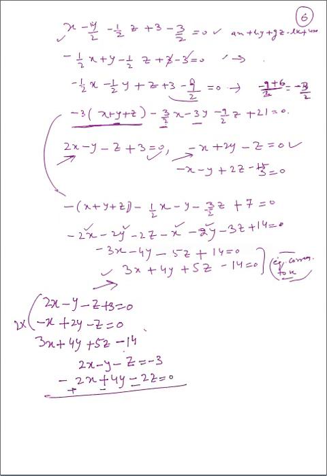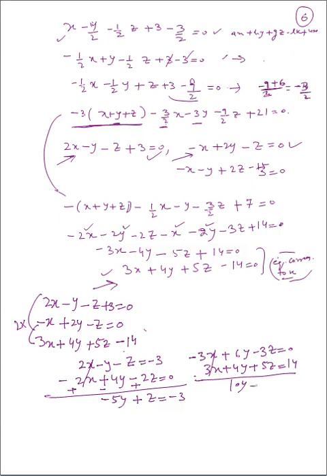So we subtract, minus 5y plus z is equal to minus 3. Now we take these two equations and multiply it by 3, plus 6y minus 3z is equal to 0, 3x plus 4y plus 5z is equal to 14. Subtract or add, 10y plus 2z is equal to 7.